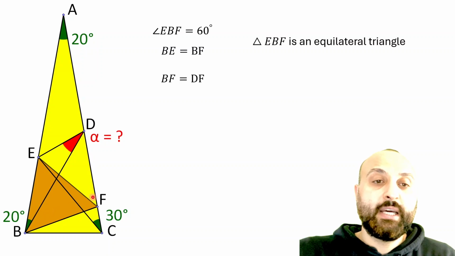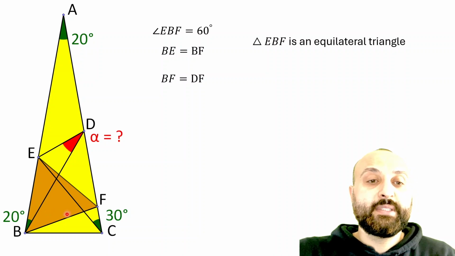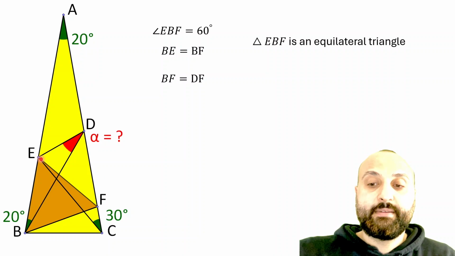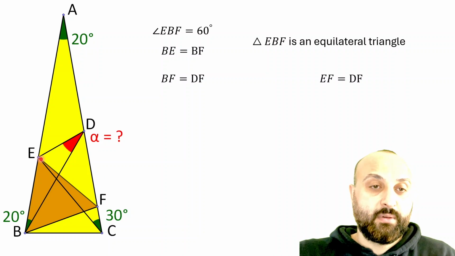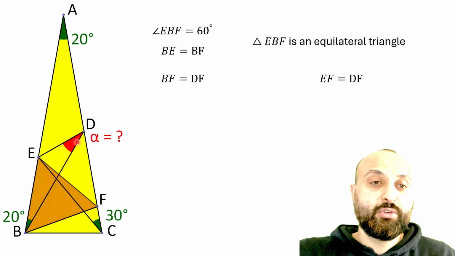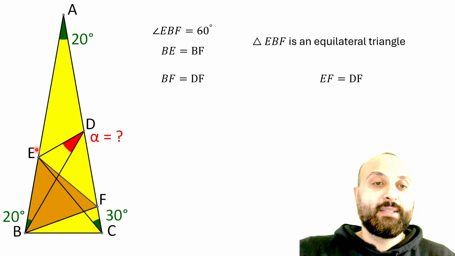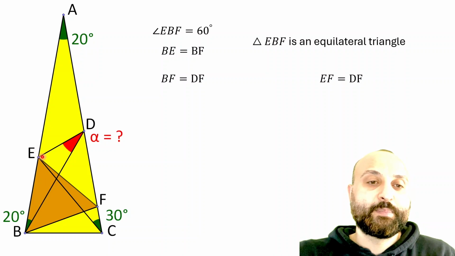BF is equal to DF, we have already shown it, but we said that this is an equilateral. EF is also equal to BF. Therefore, we can say that DF is equal to EF. So this triangle is also an isosceles triangle. Everything becomes isosceles now in this exercise.